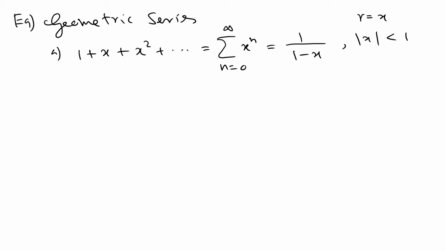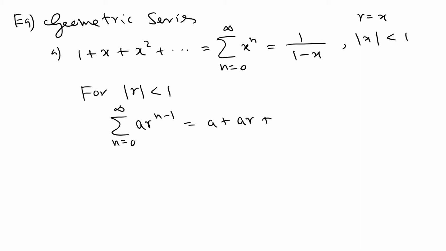Let's look at another one. For the geometric series, we also have a formula. We know that for the absolute value of r less than 1, we can write the sum, n going from 0 to infinity, of a r to the n, which is a plus a r plus a r squared, like that.